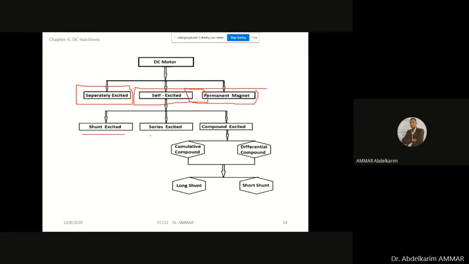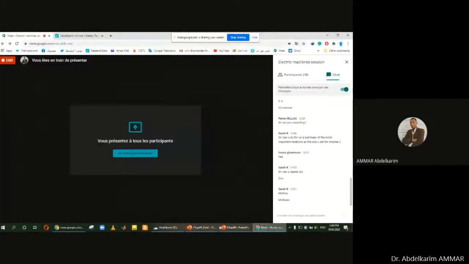The series excited, where they are connected in series. And the compound excited, where they are connected in parallel and in series at the same time. In the compound, we have two types, a long shunt and a short shunt. However, we are not going to focus on the compound machine a lot.